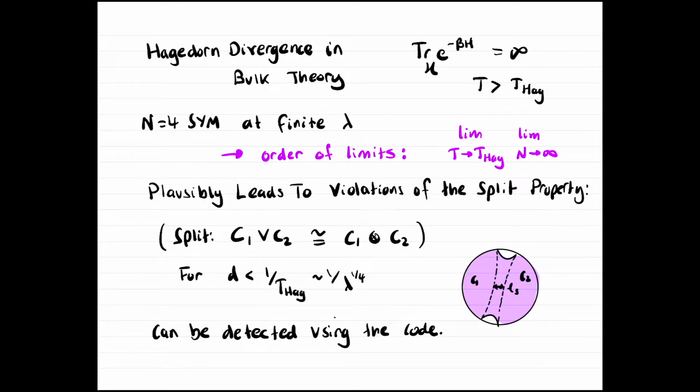Which properties that you described hold also in the free limit where the 't Hooft coupling goes to 0? In the free theory, I guess the code should be fine, but the partition function will behave quite differently.